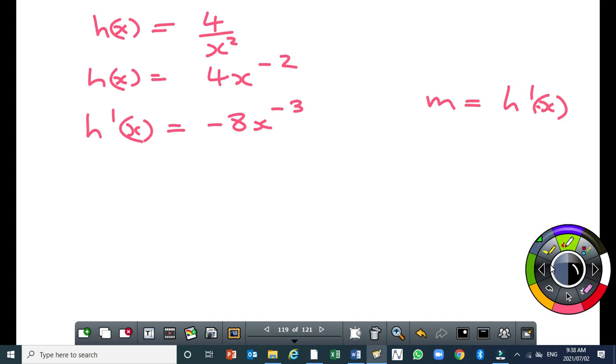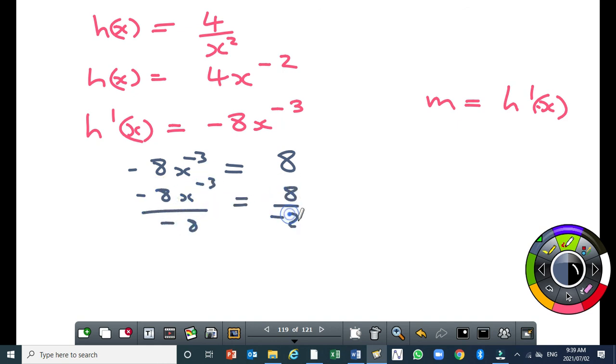It's 8. So it means minus 8x to the power of minus 3 is going to be equal to 8, like that. Okay? Then you divide both sides by minus 8. You get x to the power of minus 3 equal to minus 1.